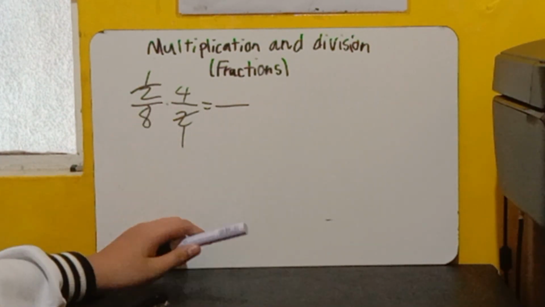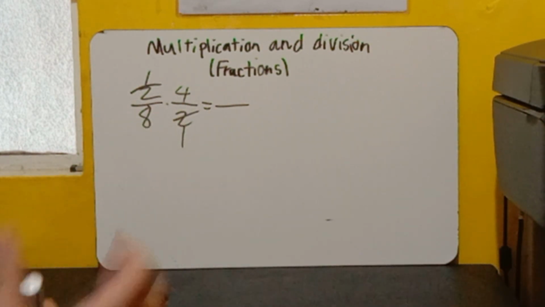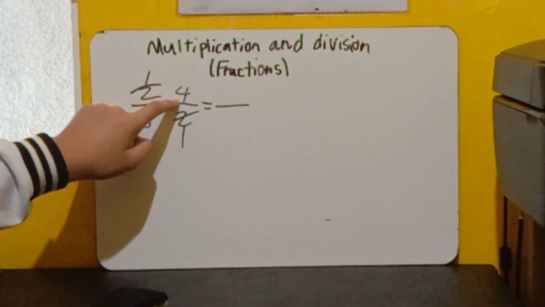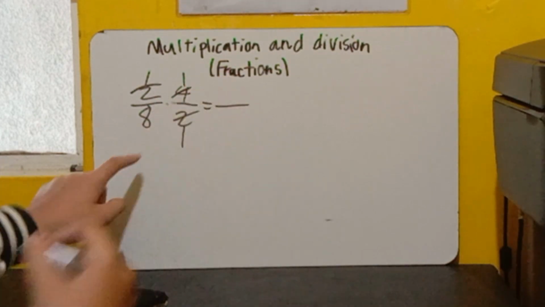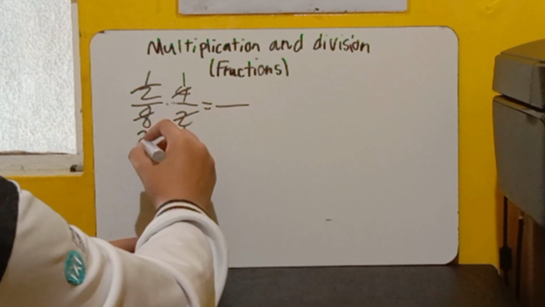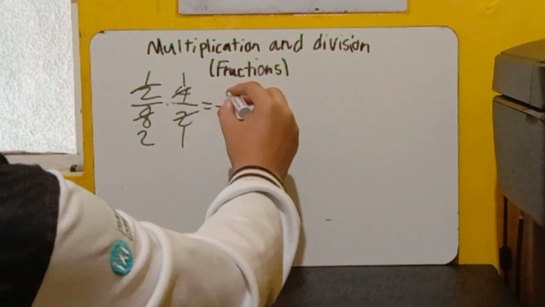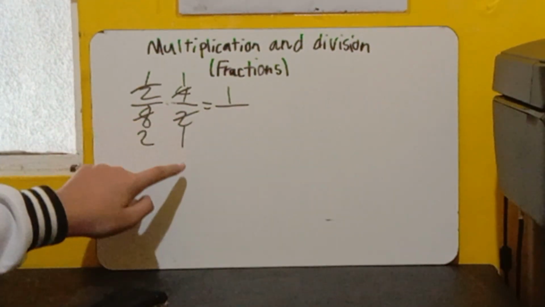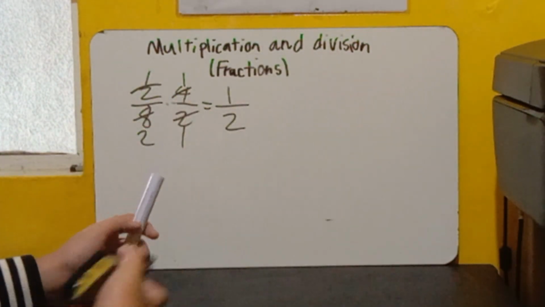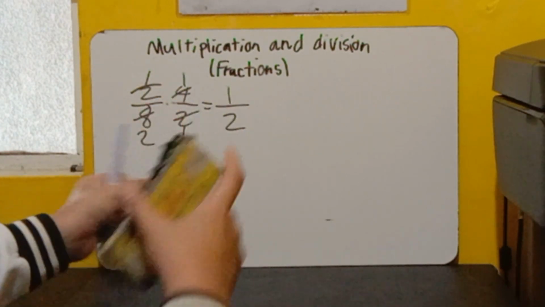So we divide both of them by 4. 4 divided by 4 is 1, and 8 divided by 4 is 2. So 1 times 1 is 1, and 2 times 1 is 2. So our answer here is 1/2. Your answer is correct. If your answer is 1/2, your answer is correct.